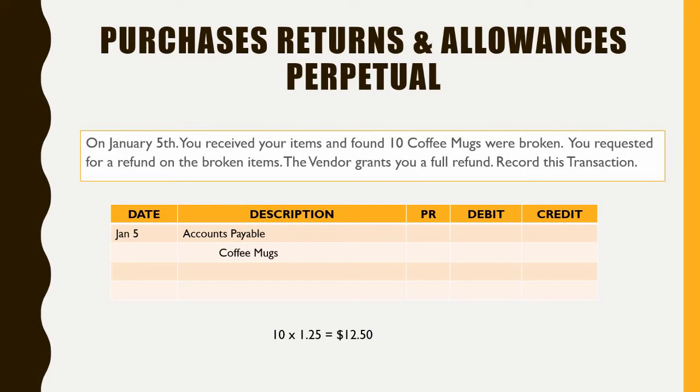You could have gone up to the store and bought it from yourself, but no, you required some shipping cost. So you can only return the original purchase price, which is $1.25 per coffee mug. 10 times $1.25 gives me $12.50. So that's the only thing that I can actually refund. Okay.